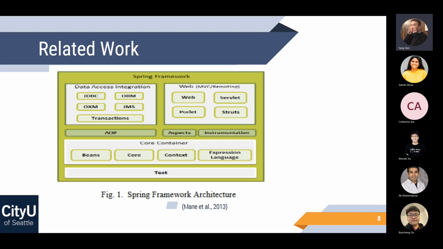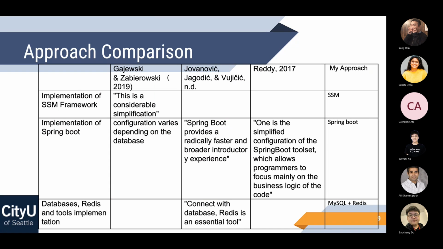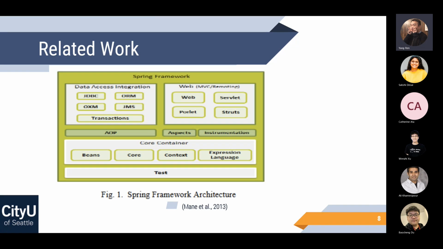Firstly, we can see the Spring framework contains the core containers. The core containers also contain the core technology of Spring Boot. It's called IOC, inversion of control. During the traditional development of website applications, we need a lot of objects.